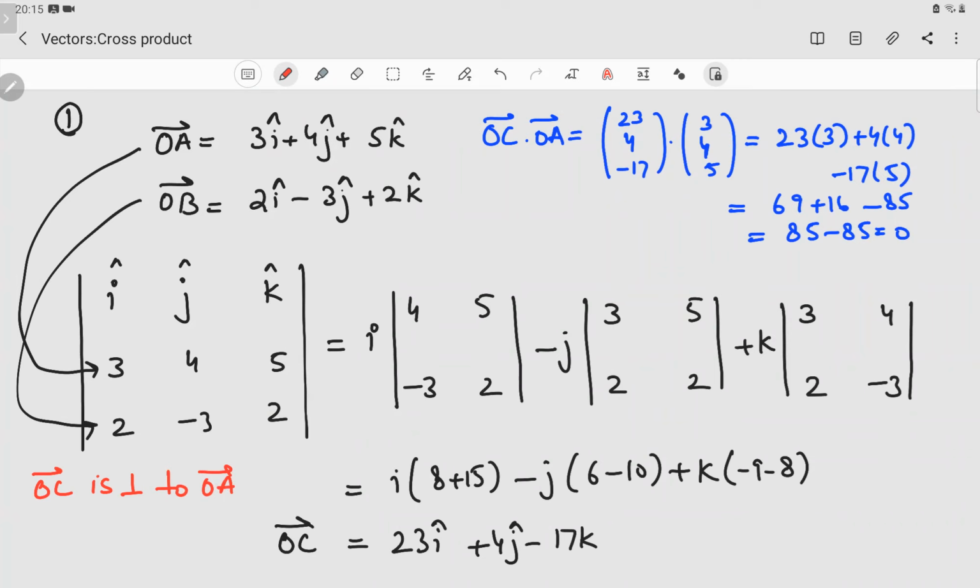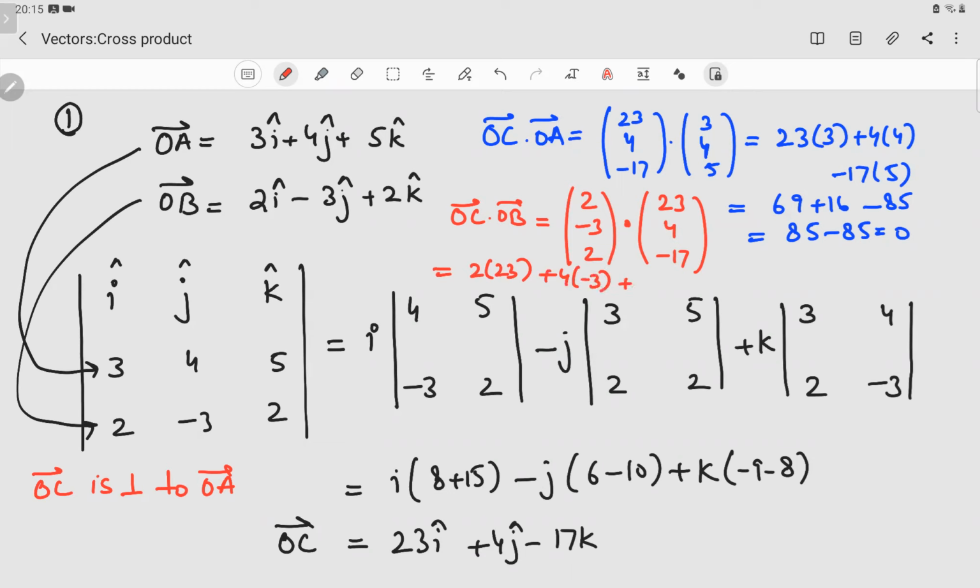Let us calculate the dot product of OC with OB. 2, minus 3, 2 dot 23, 4, minus 17. It becomes 2 into 23 plus 4 into minus 3 plus 2 into minus 17.